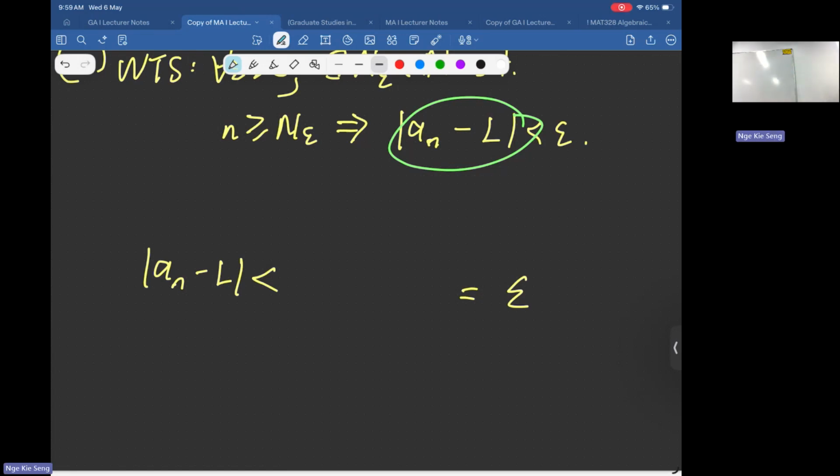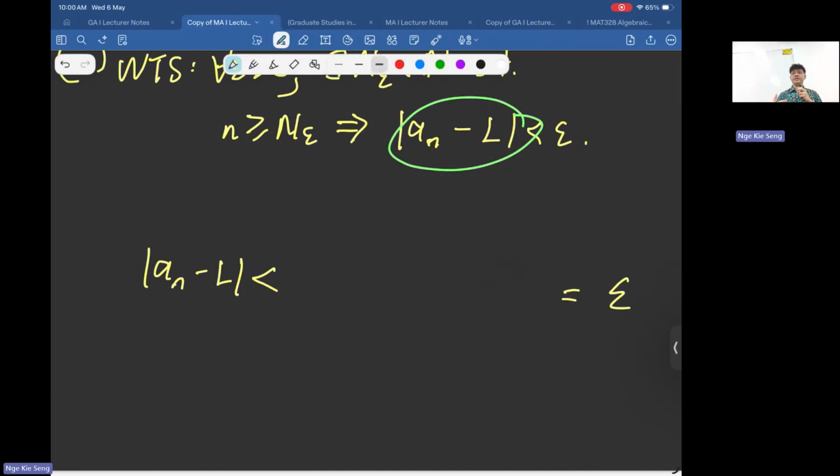Maybe convergent is the L part. How about the Cauchiness? Cauchiness is a_m, a_n, right? So how do you squeeze the a_m, a_n inside? Who converges to this L is the subsequence.